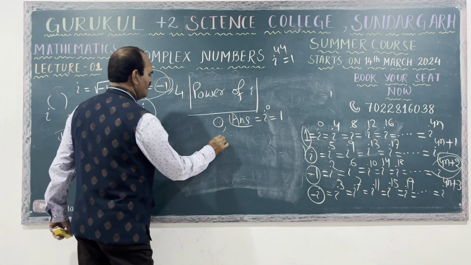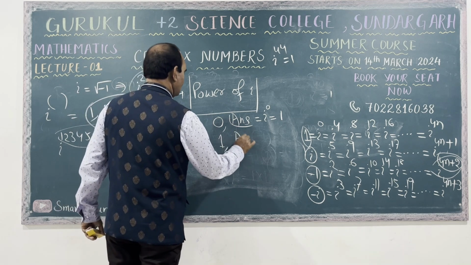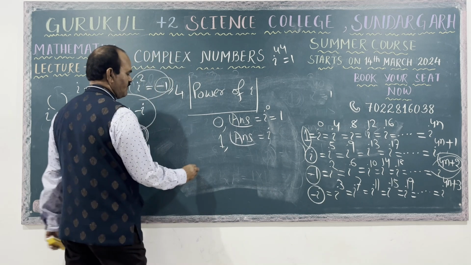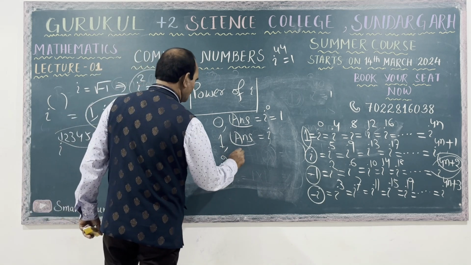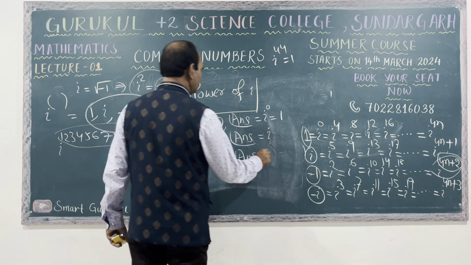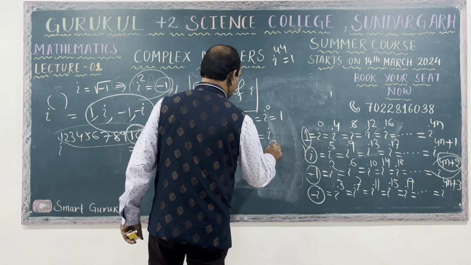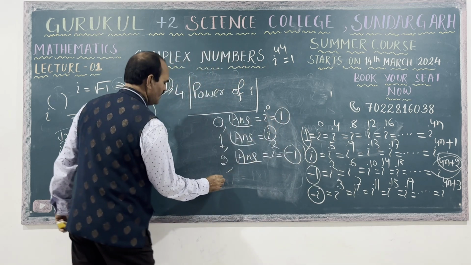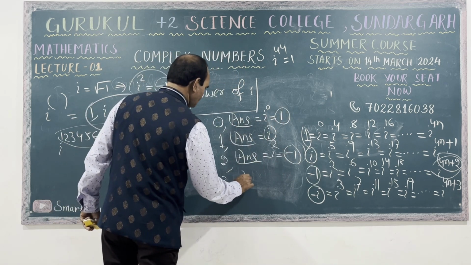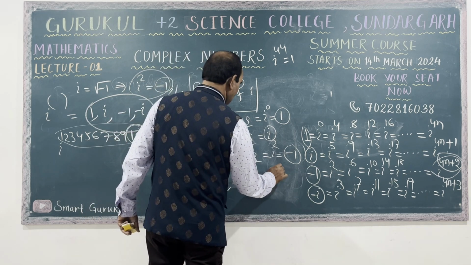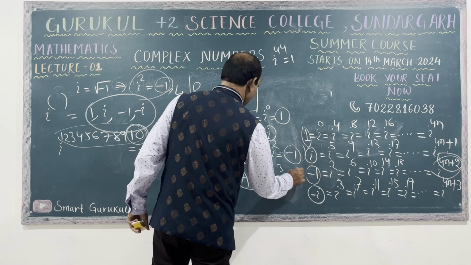If the remainder is 1, the final answer is i power 1, or simply i. If the remainder is 2, the answer is i power 2, i square, that is minus 1. And if the remainder is 3, the answer is i power 3, which is minus i.